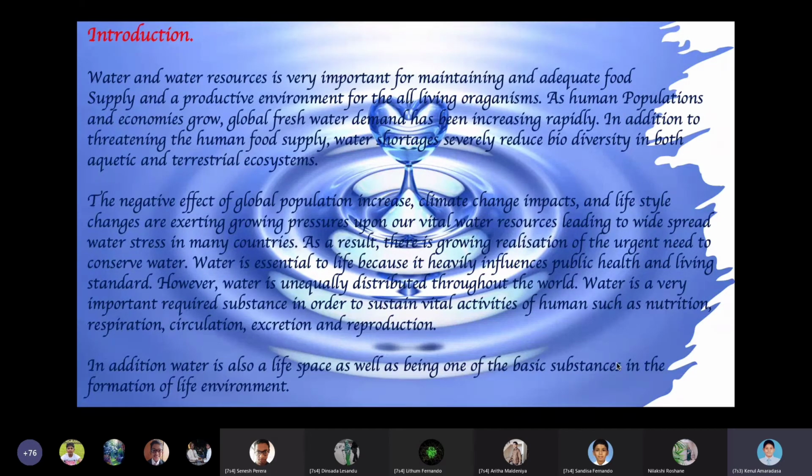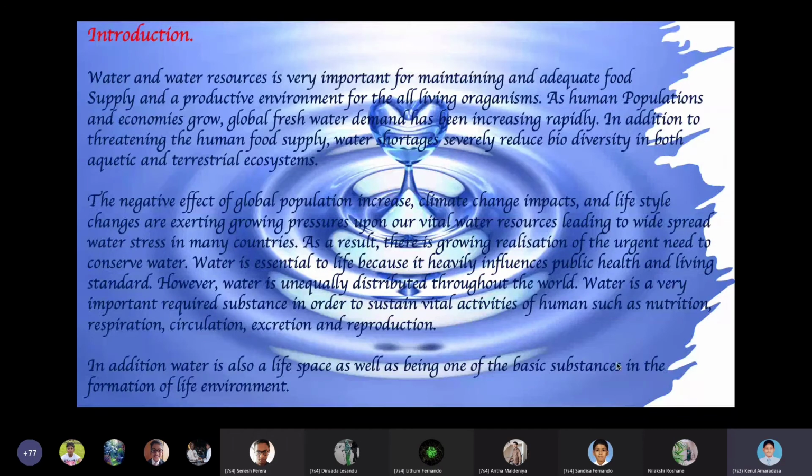Water shortages severely reduce biodiversity in both aquatic and terrestrial ecosystems. The negative effects of global population increases, climate change impact, and lifestyle changes are exerting growing pressures upon our vital water resources, leading to widespread water stress in many countries.